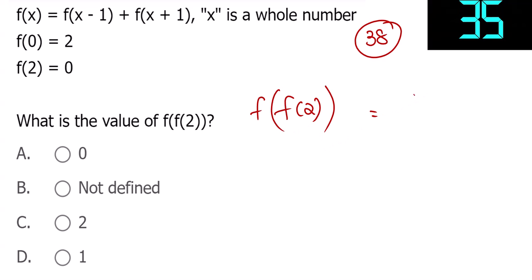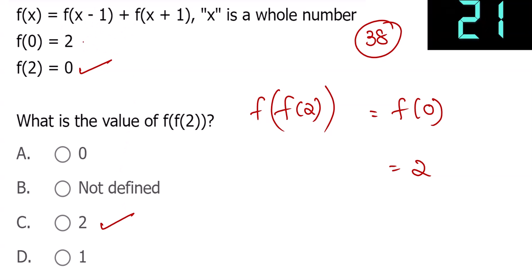In fact, a lot of people will worry whether it's a recursive function or what, but no need of that. f of 2 value 0 is given in the question directly, and we know f of 0 is nothing but 2. What they have given here is the f of 2 and f of 0 values. We substituted that, then f of 0 is equal to 2.